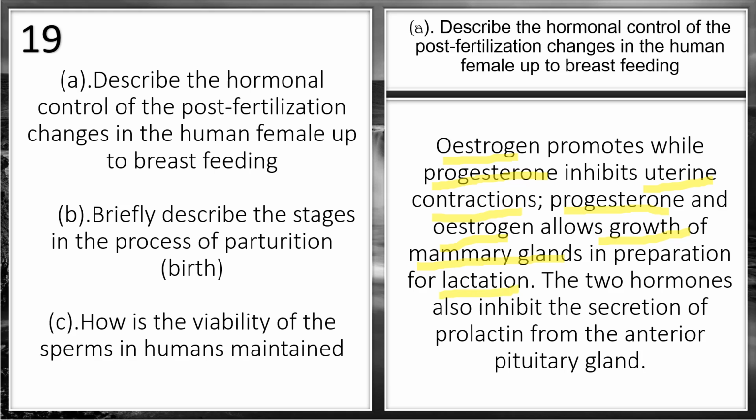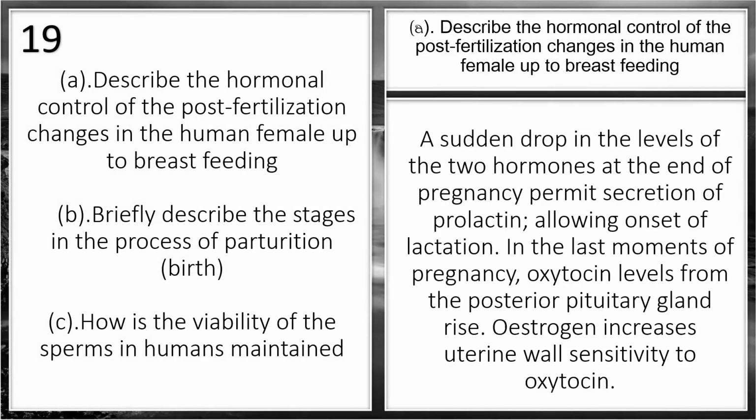The two hormones also inhibit the secretion of prolactin from the anterior pituitary gland. A sudden drop in the levels of the two hormones at the end of pregnancy permits the secretion of prolactin, allowing the onset of lactation.